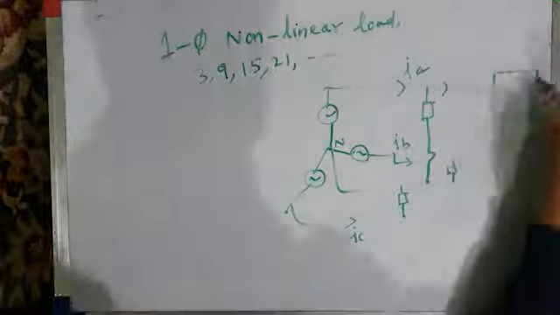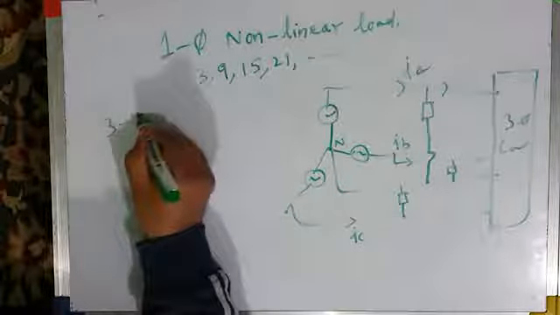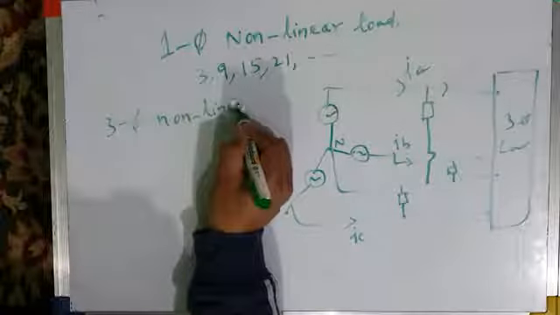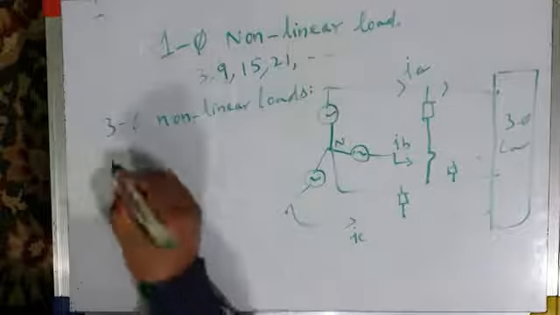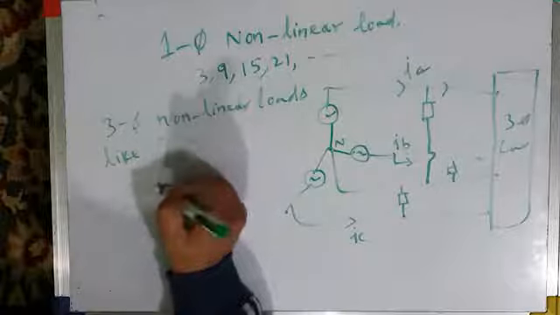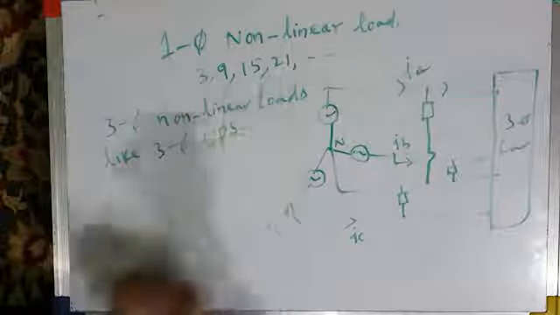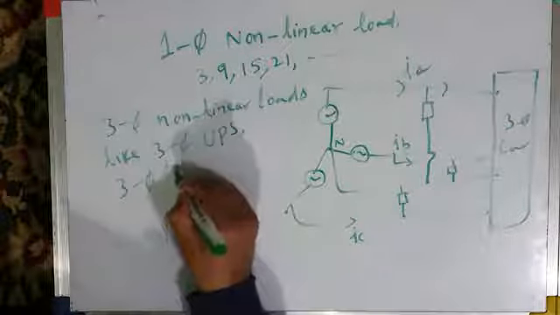It is not the three-phase loads which cause triplen harmonics. Let me tell you, three-phase non-linear loads only draw non-triplen harmonics. What are three-phase non-linear loads? Three-phase UPS, three-phase rectifiers.